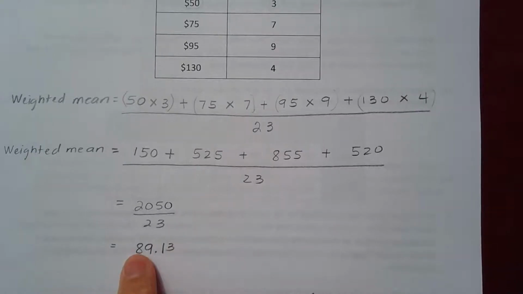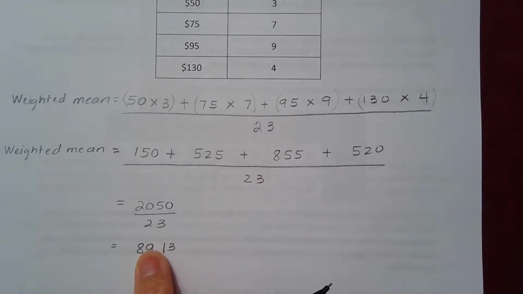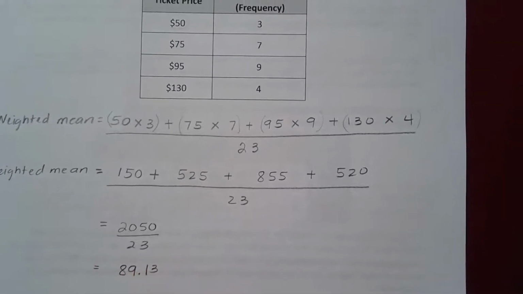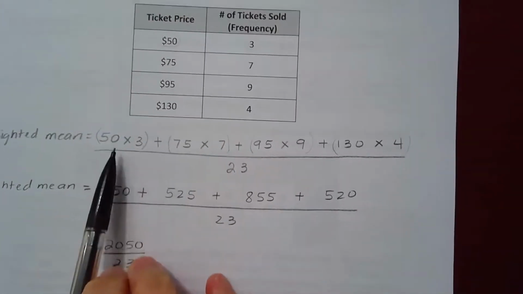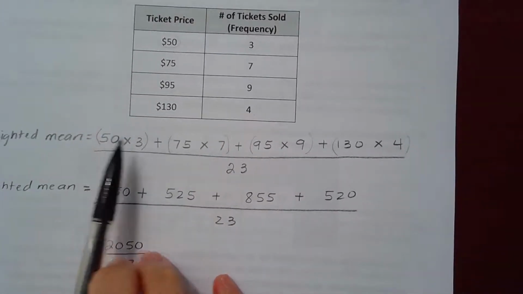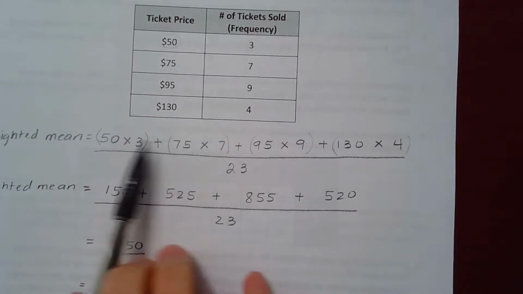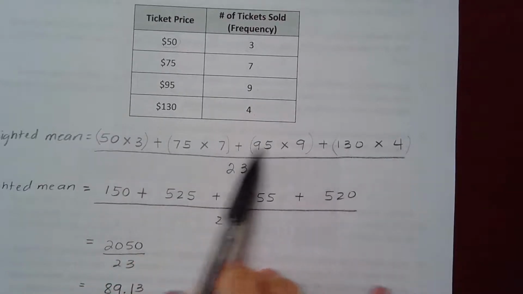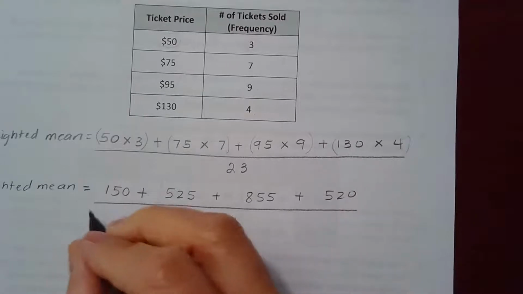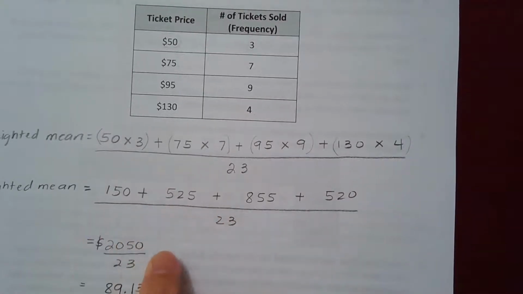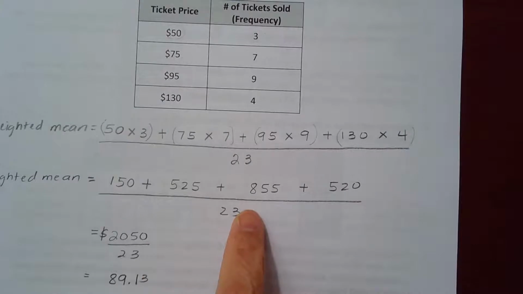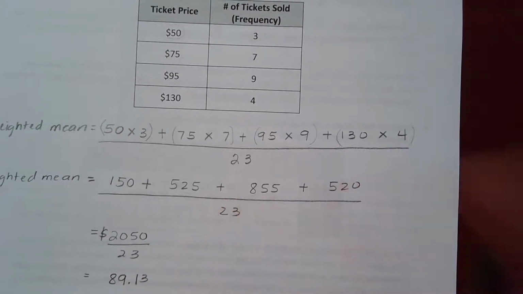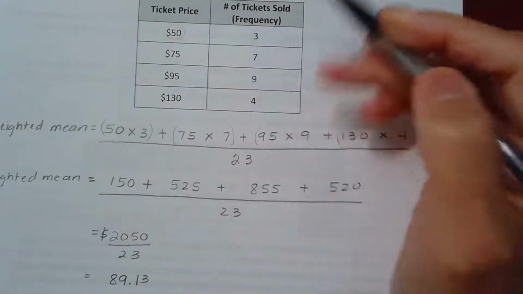Okay, now you're probably thinking, well, what's the unit for this one? Okay, so what's a unit? Everything up here is dollars. So that's $2,050. And at the bottom, that's 23. That's 23 tickets.